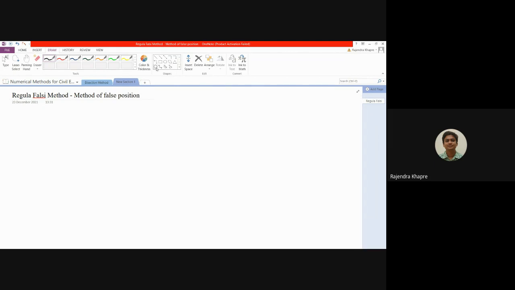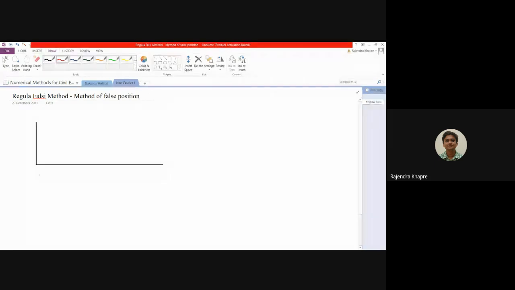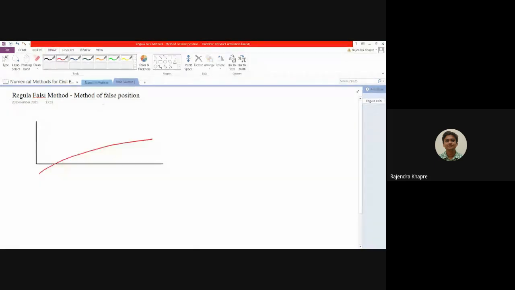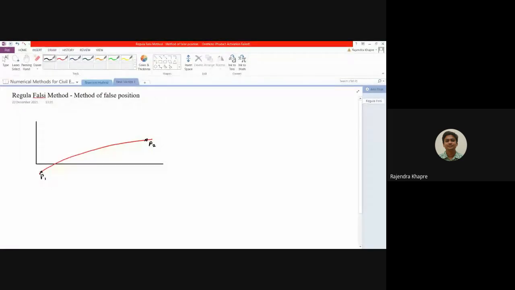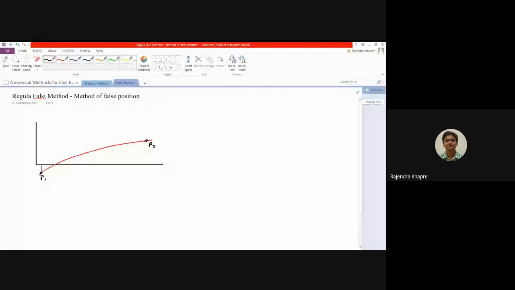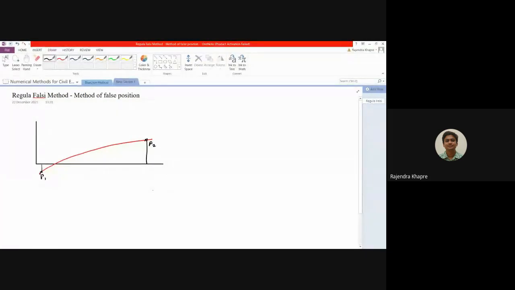In the previous class we saw that if you have a curve like this, and you choose two points, let us say p1 and p2, the point p2 is very far from the actual root.